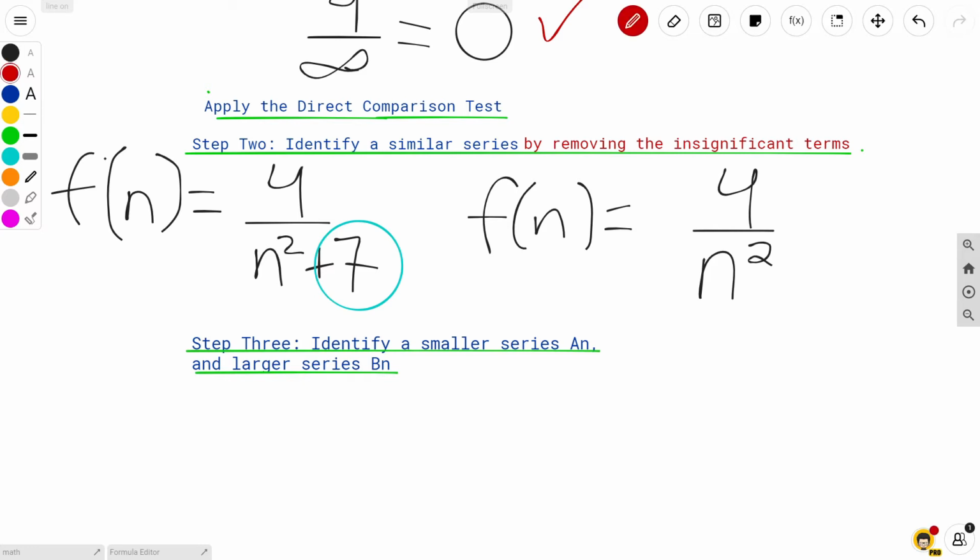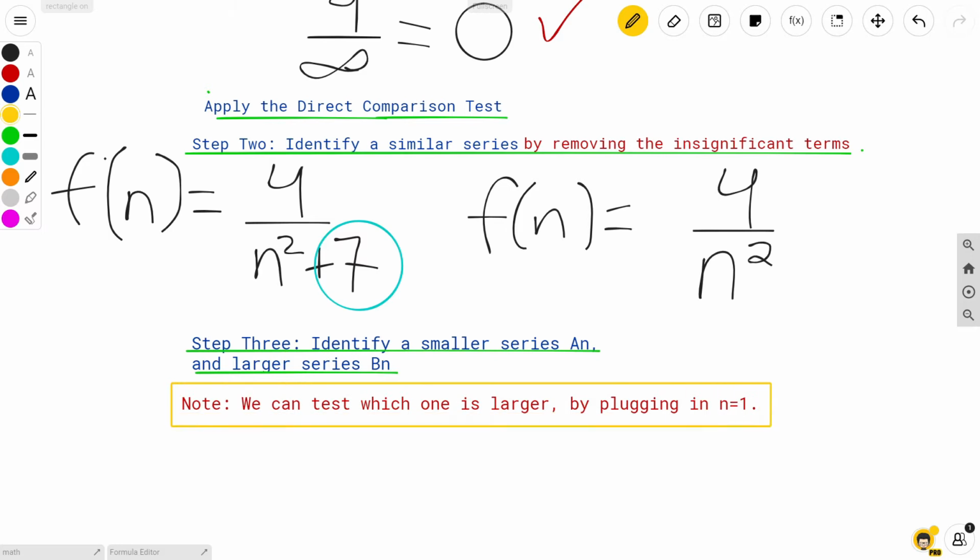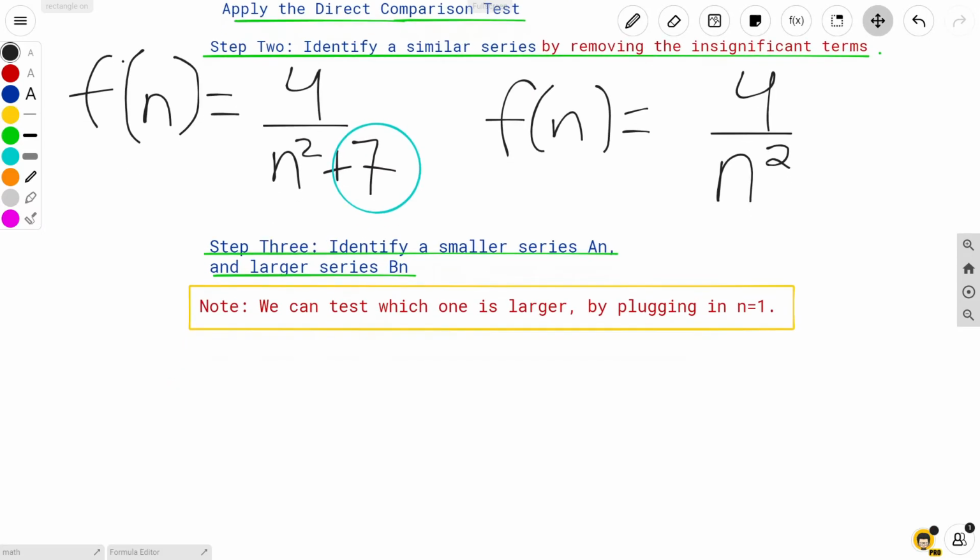We can test this by simply testing to see which one is larger, by plugging in 1, or whatever your n value is. In this case it's 1, and in most cases it's going to be 1. So we're going to do this for both f sub n's.